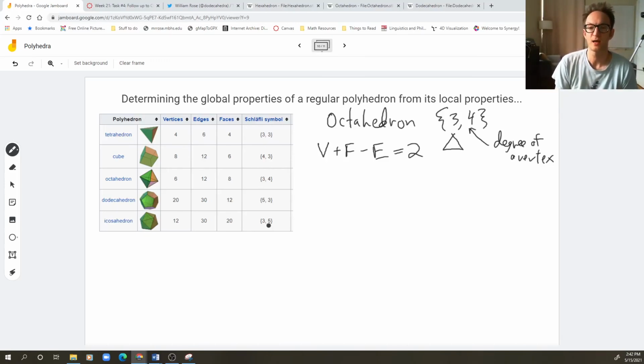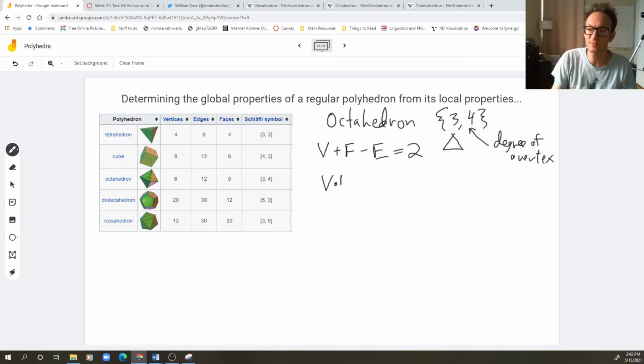So let's count. I don't know how many vertices there are, but if I take the number of vertices, which is V, and I multiply by the degree of each vertex, which is 4, that's the local property which is defining the shape.